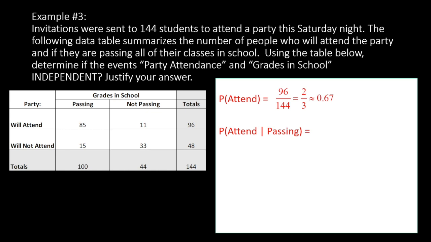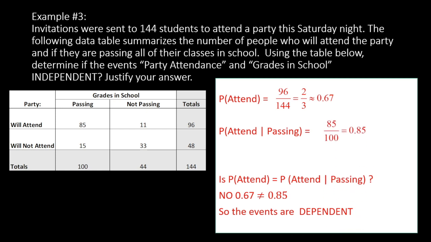Now we want to compare that to the probability that they attend the party given that they're passing. So we're comparing this to the conditional probability, which is 85 out of 100, which is, of course, 0.85. So we want to see if those two things are equal.